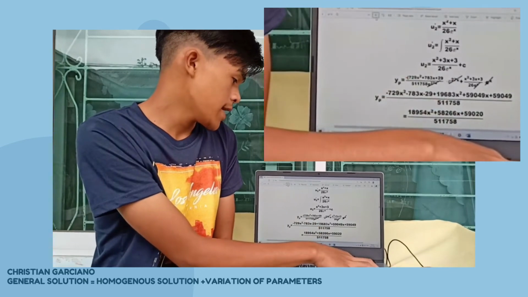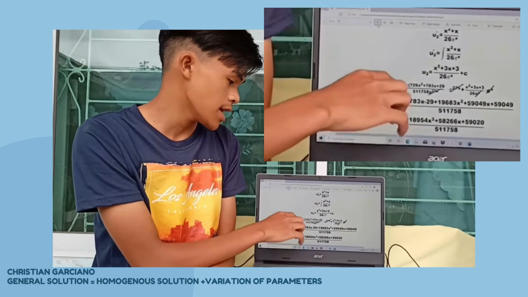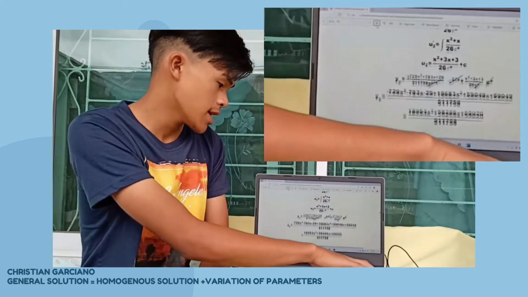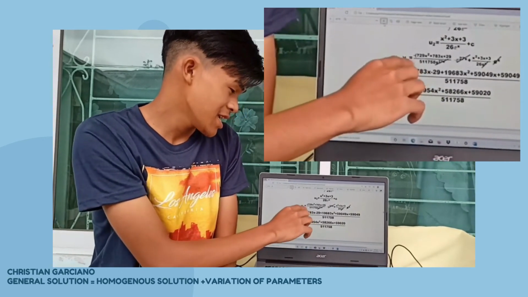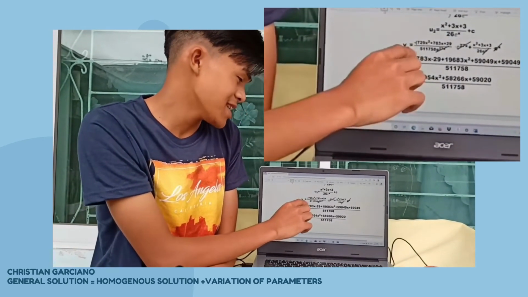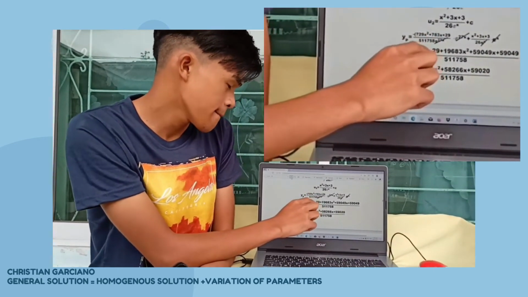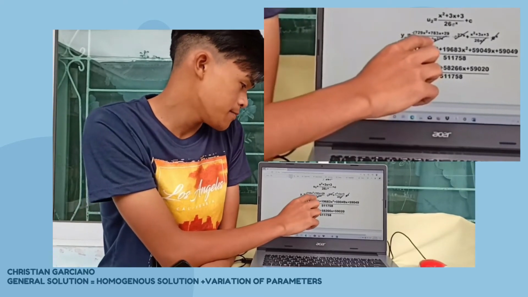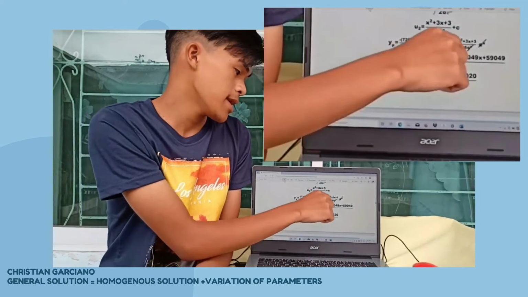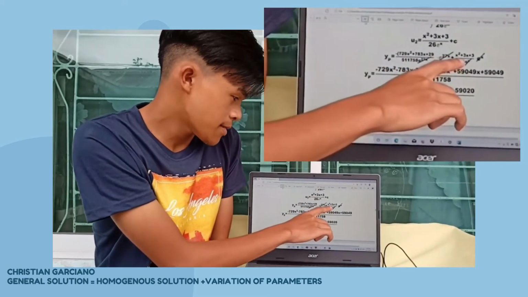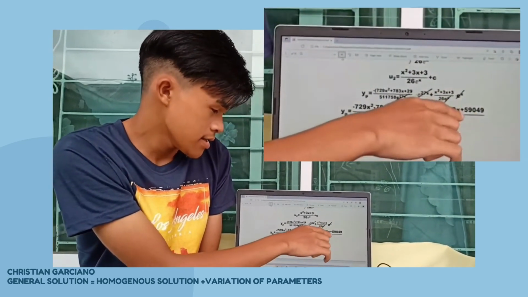So now we have found the u1 and u2. So we will go back to yp and substitute the u1 and u2. So the value of this is yp equals 729x squared plus 703x plus 29 over 511753820 e^27x times e^27x plus x squared plus 3x plus 3 over 26 e^x times e^x.